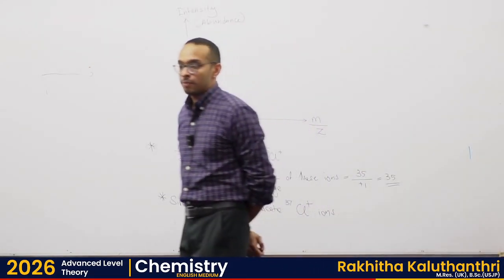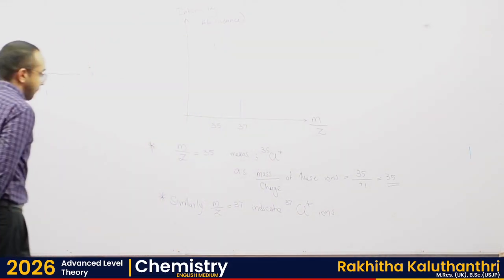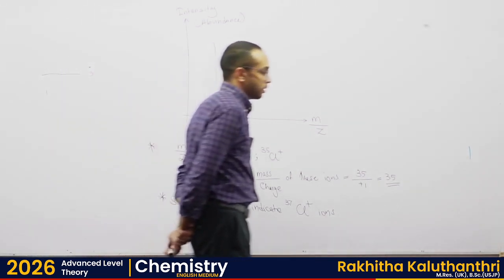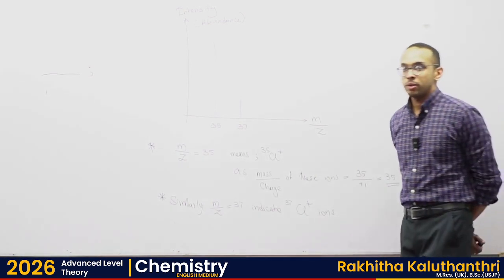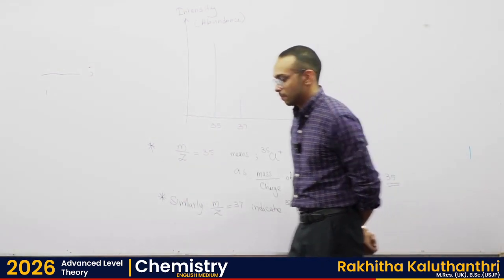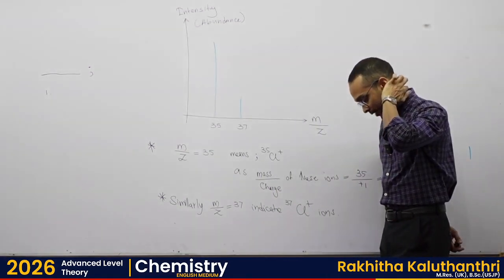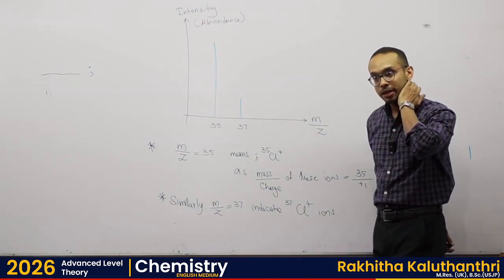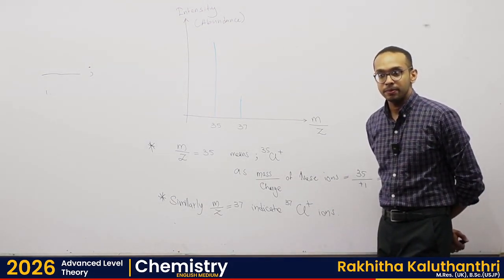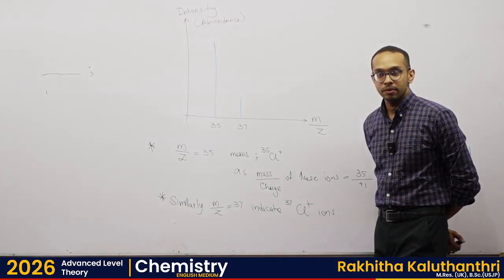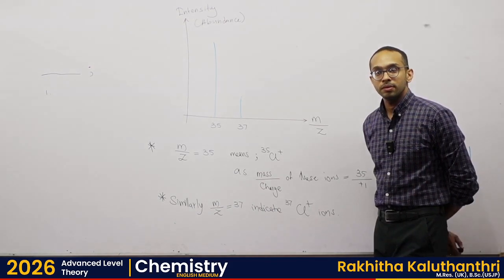So please highlight chlorine atom sample. Right? And then you can highlight, this means there are 2 chlorine isotopes present in the sample. Okay?